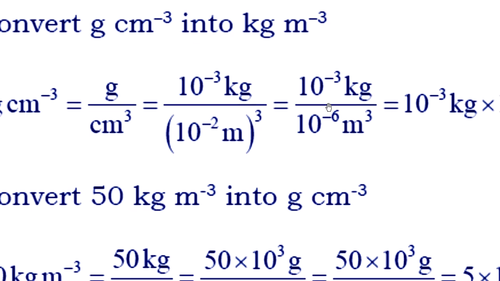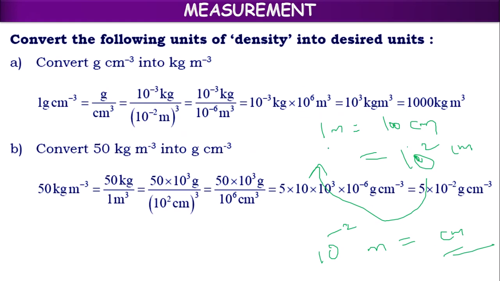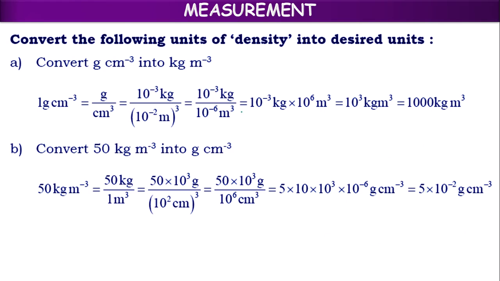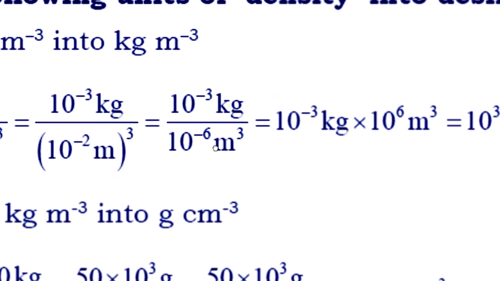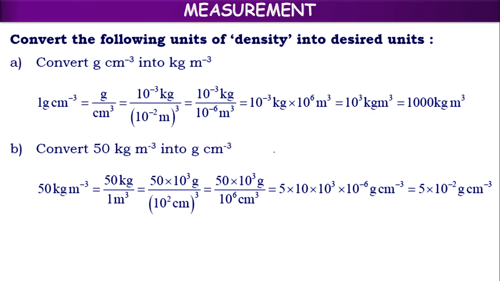So 10 power -3 by 10 power -2 into 3, that is -6, meter cube. Whenever we have two powers for the same number, because in the numerator we have base 10 and in the denominator we have base 10, we can write the base once instead of writing it twice in numerator and denominator, and we can subtract the powers. -3 minus of -6.